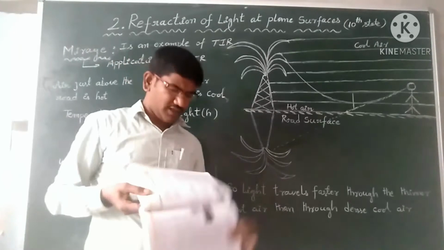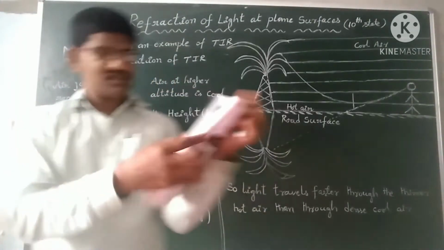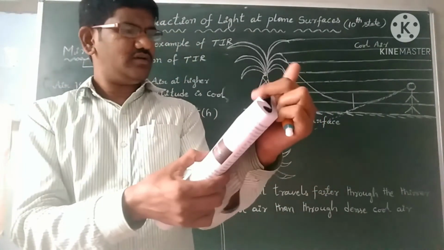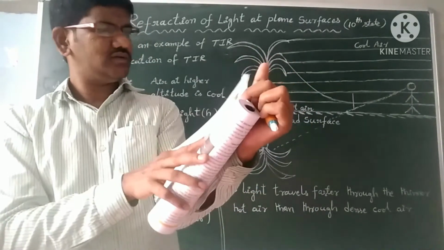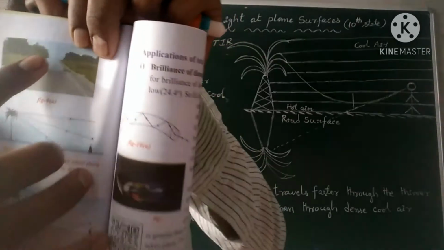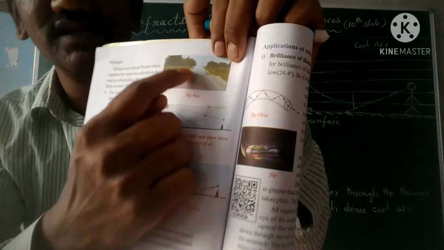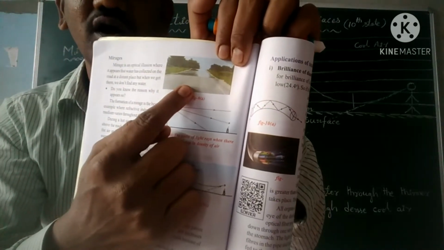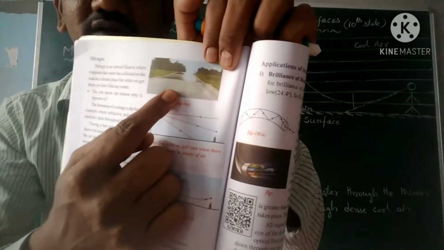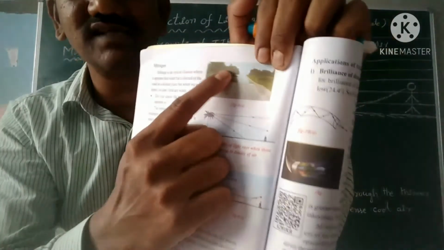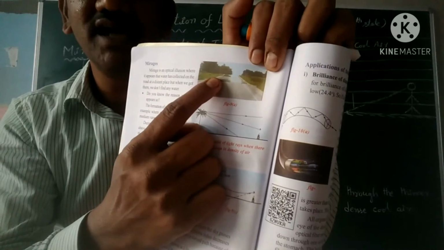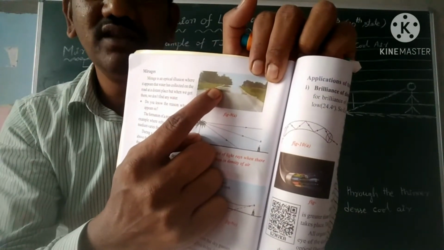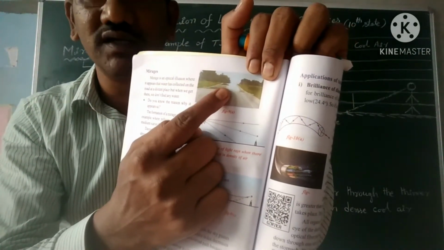See, my dear students, when we go on a road on a hot summer day, it appears that some water has collected on the road, but actually when we get there we don't find any water.